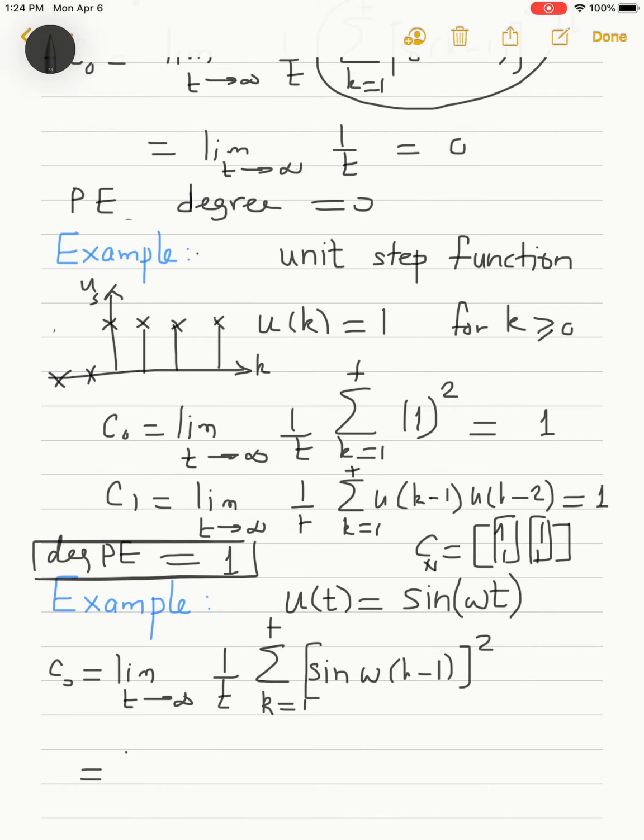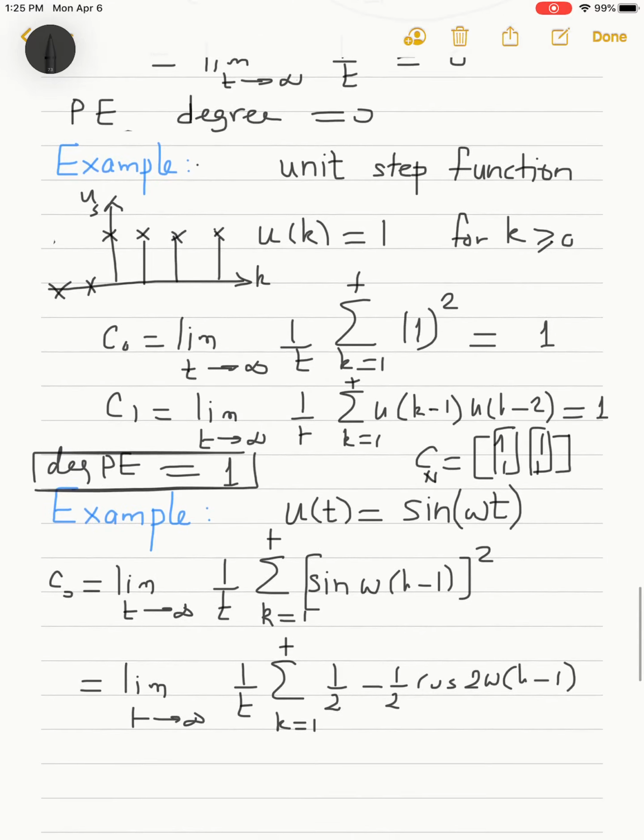I can write that as the limit as t goes to infinity of 1 over t, the summation of, I will just use the trigonometric equivalence of sine squared, so it will be 1/2 minus 1/2 cosine, double the angle, so it is 2 omega(k-1), and here from 1 to t.